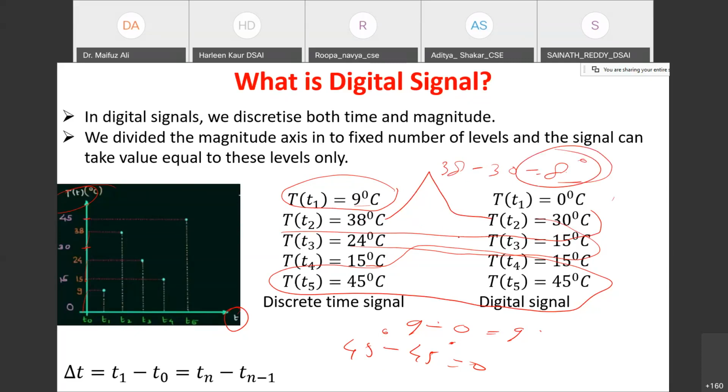How to reduce the error? If you increase the number of levels, right now you have taken 3 levels.